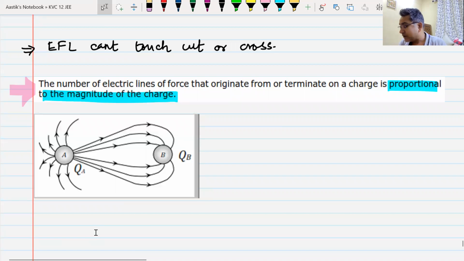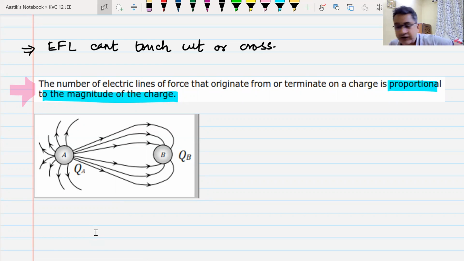Now, looking at the diagram, I'm giving you examples so that you understand what we mean. Can you tell me which charge's value will be more? First of all, tell me which charge is positive and which is negative. Remember, electric field lines are a theoretical concept because they are imaginary. A is positive and B is negative. Which is having more charge, A or B?